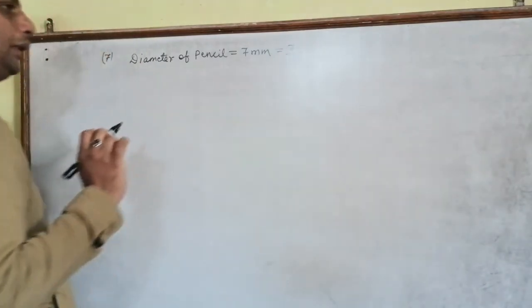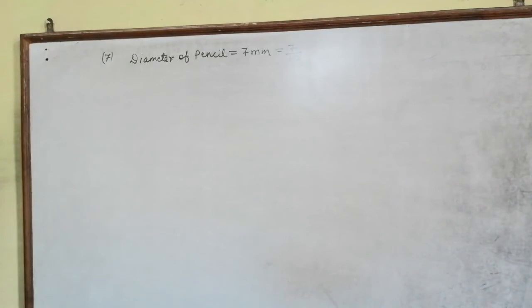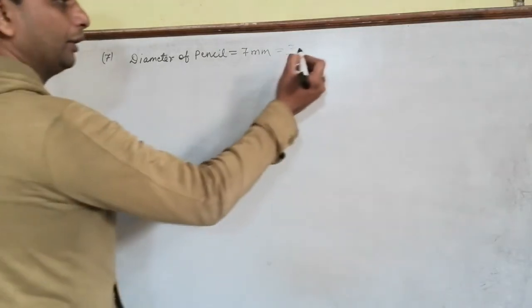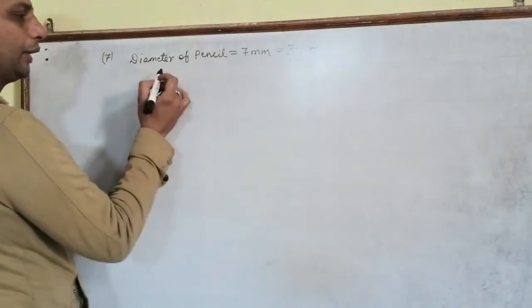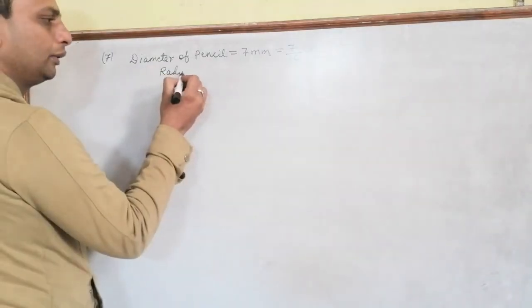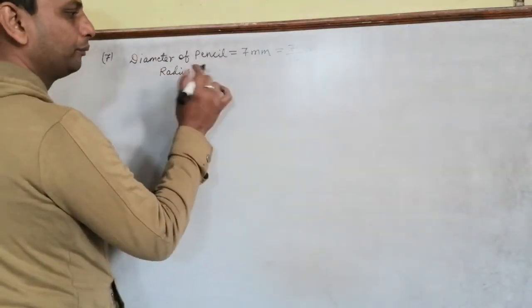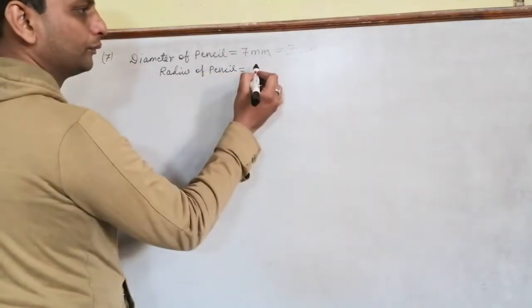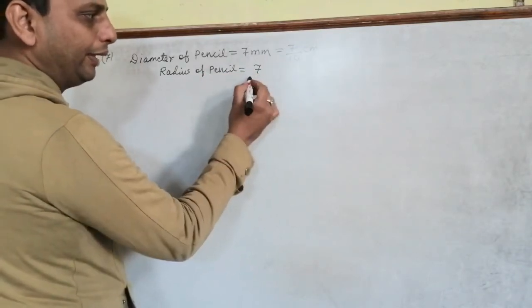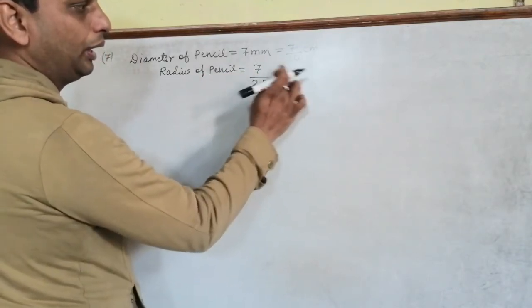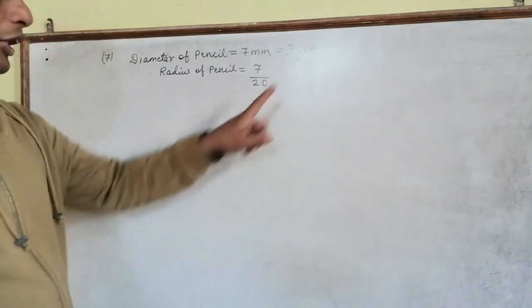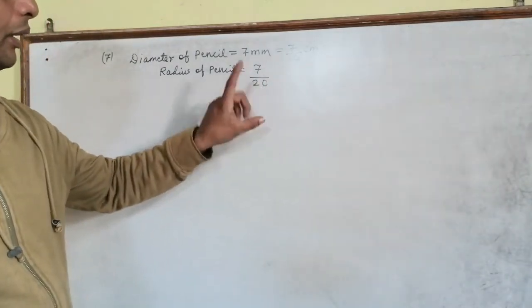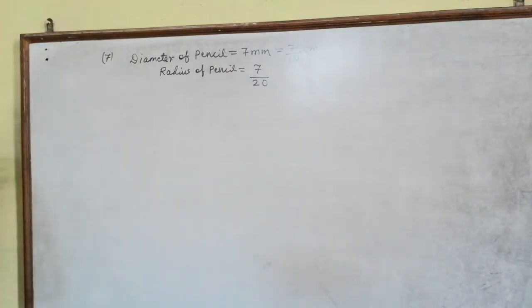So 7/10 centimeter, 7 upon 10 in centimeter. Now this is the diameter. Radius of the pencil will be 7 upon 10 divided by 2. Divide by 2 means 7 upon 20, because whenever a fraction is there, divide by 2, you will get half of it. 7 upon 20 is the radius.